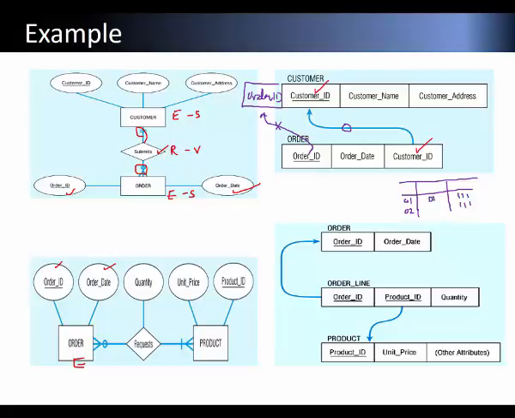This date 1, this date 2, and date 3. Then the very same customer can submit another order, order 3. So this is a very, very simple table. Therefore, we take this. This is good.